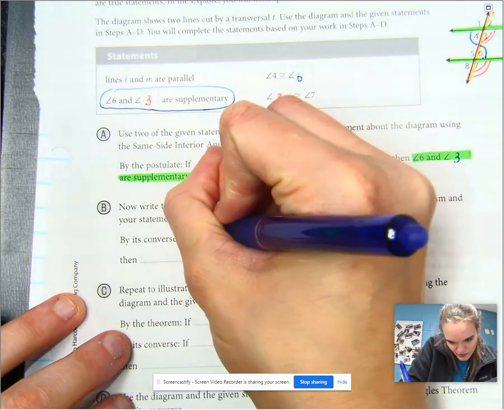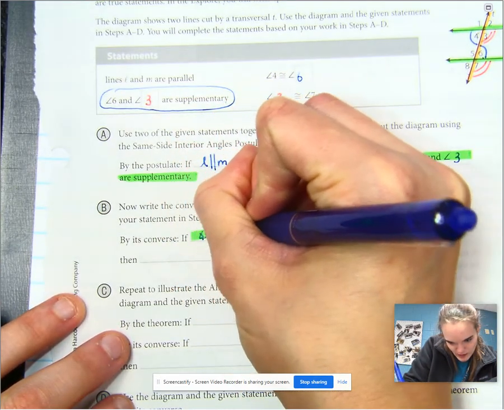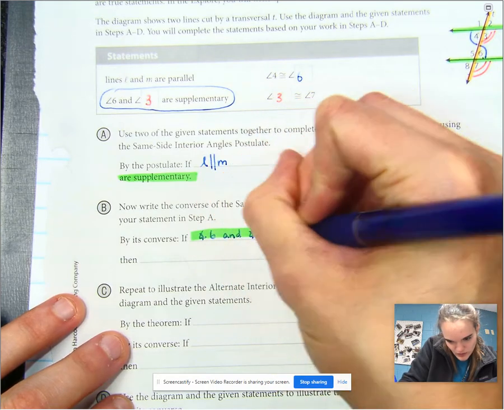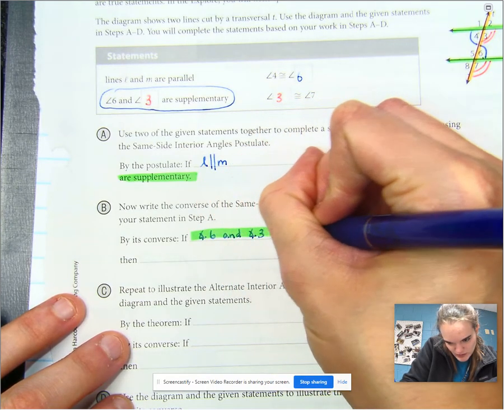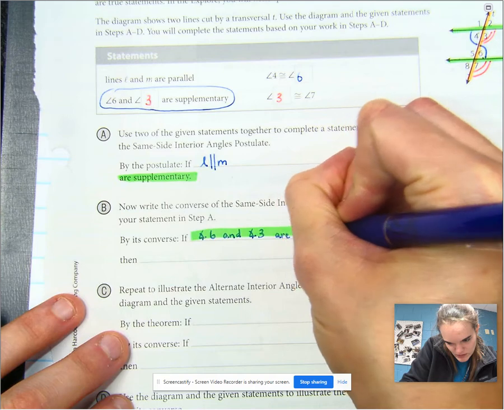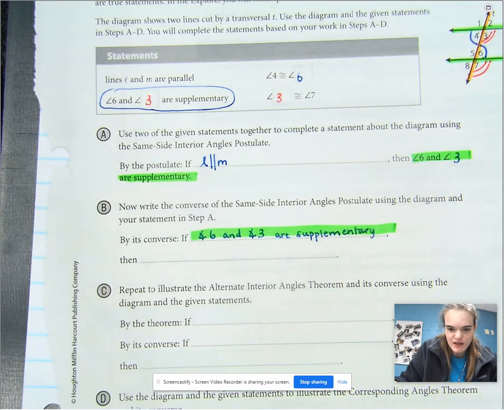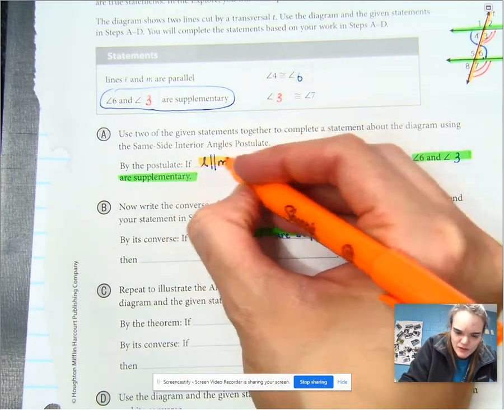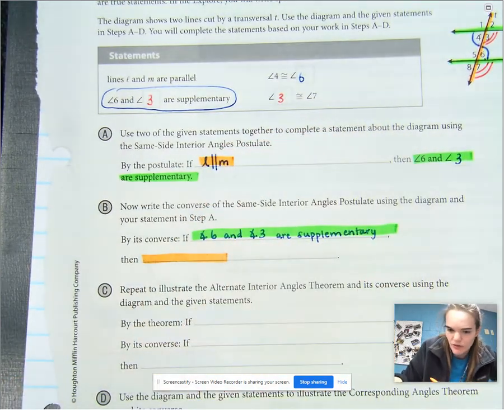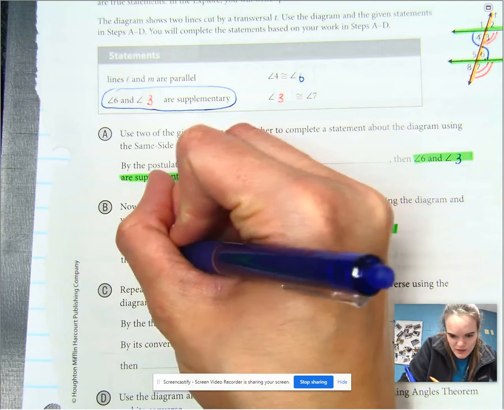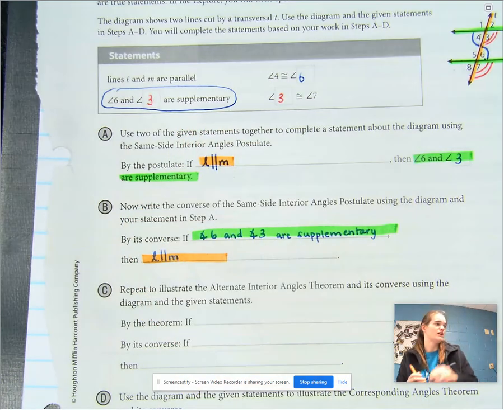If angle 6 and angle 3 are supplementary, then, and I put the if statement, L is parallel to M. That is how we are going to prove that lines are parallel.